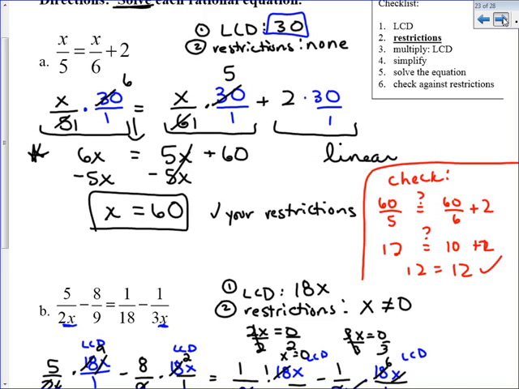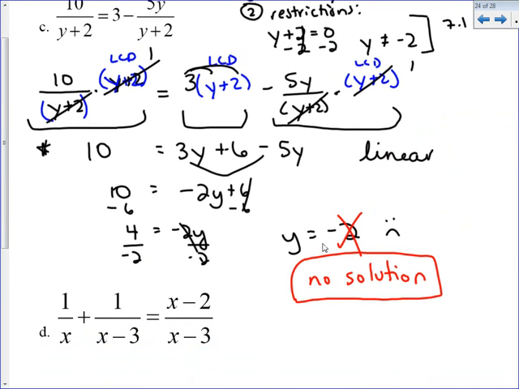But what happens if we try our negative 2 here? Let me put this over here. So if I start my check, I should say 10 over 2 minus 2. I want to know, does that equal 3 minus 5 times, oops, sorry, this was negative 2 plus 2.